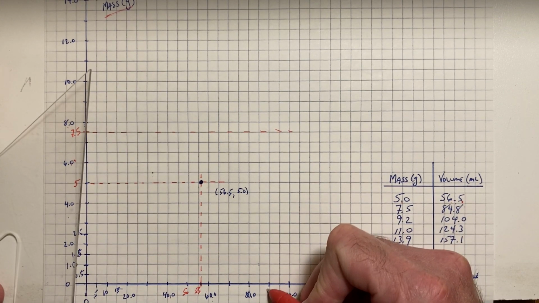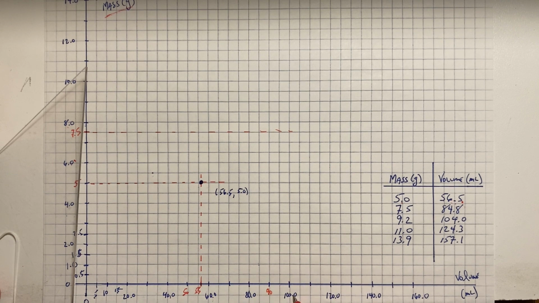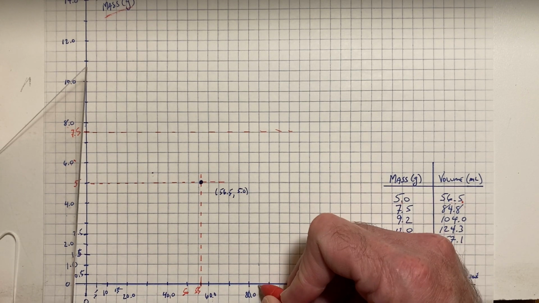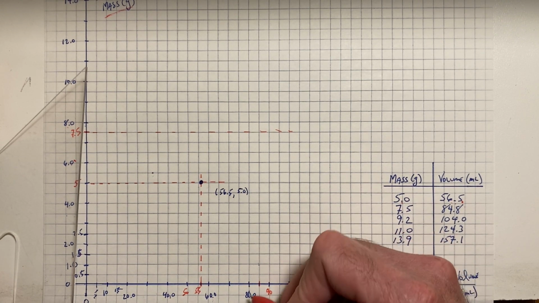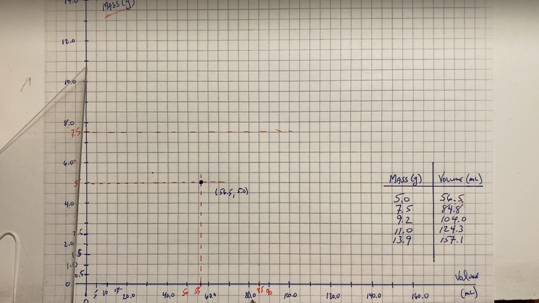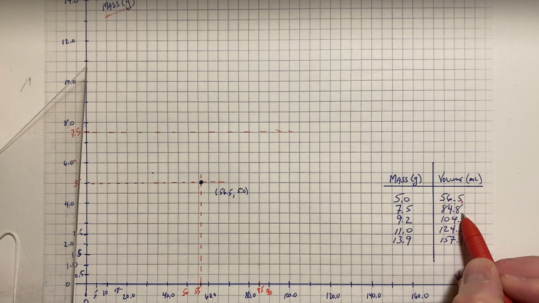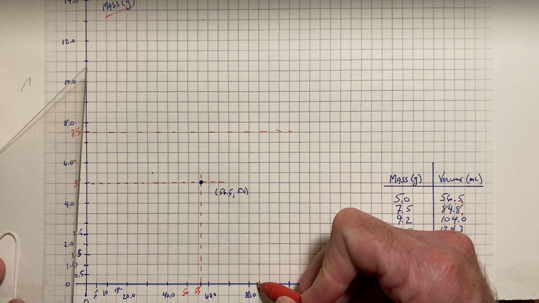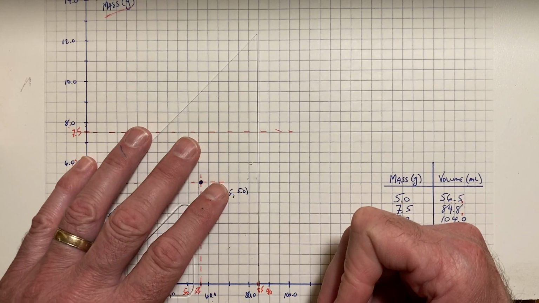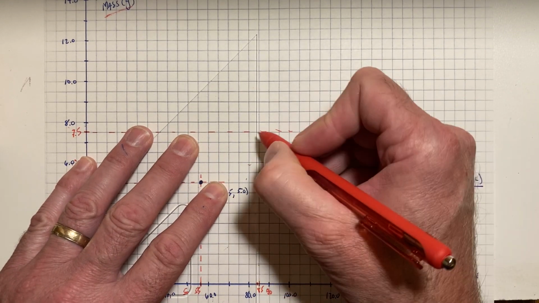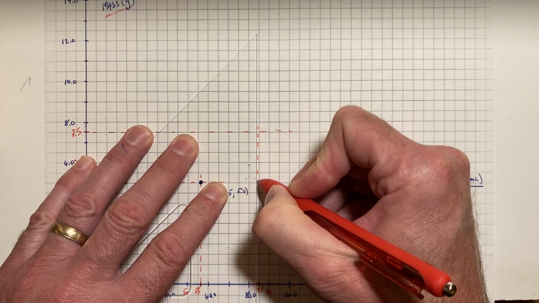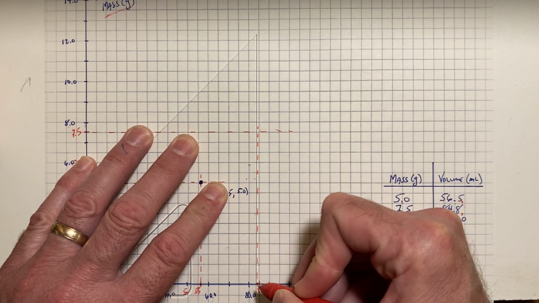I know this is 90 because it's halfway between 80 and 100. And I know that this is probably 85 because it's halfway between 80 and 90. So 84.8 is really close to 85. So I'm going to put it really close to the 85 line and draw my dotted lines again.